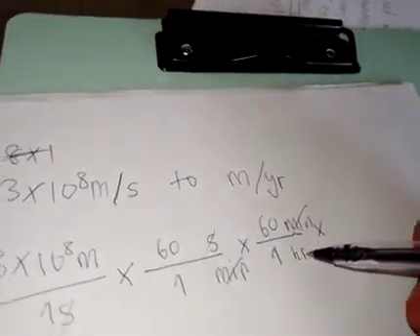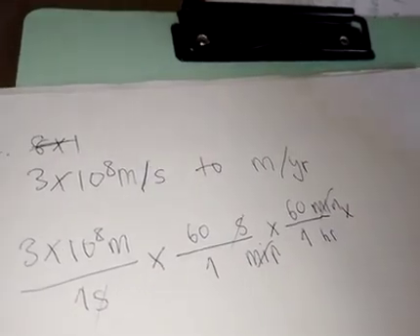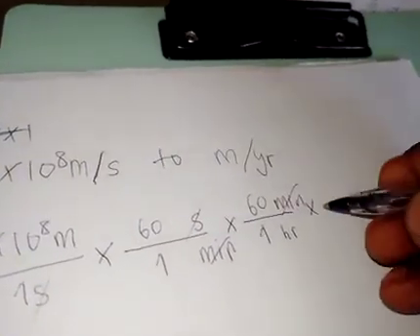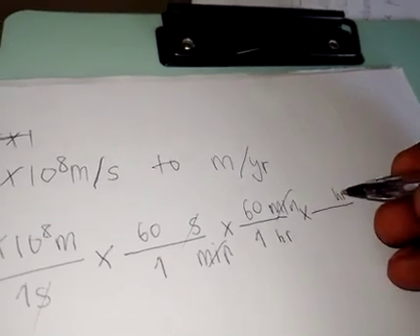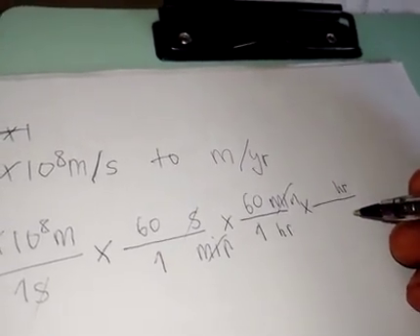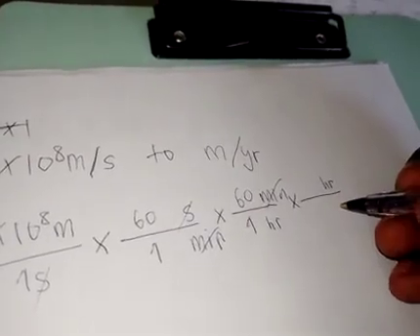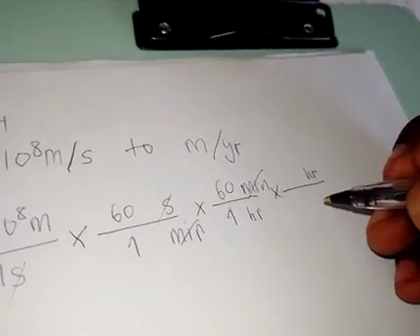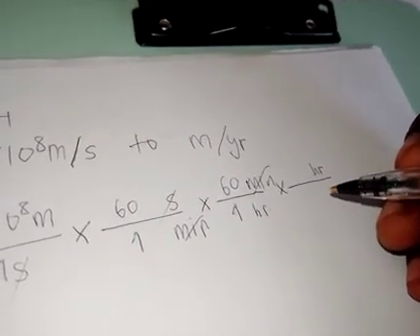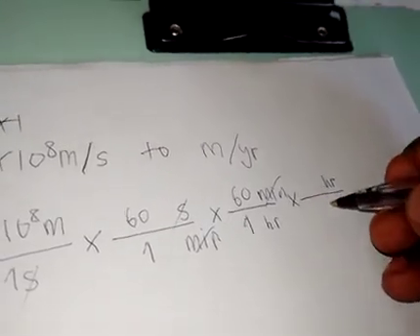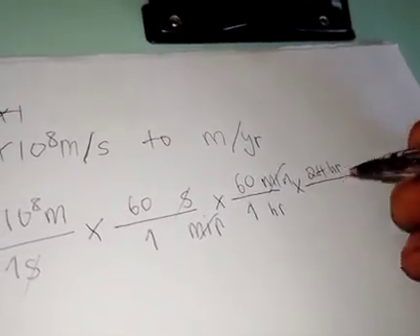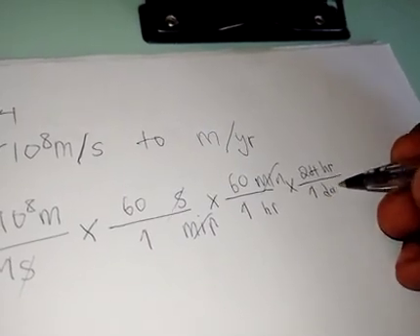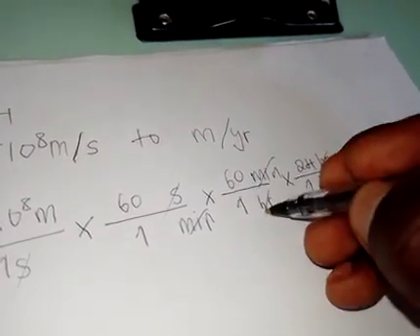Then we have hours there. Remember the aim is to end up having time in years. Then multiply by, hour should disappear, over what? From hours we can go into days. If we have 24 hours, we have 1 day. So hour and hour disappear.